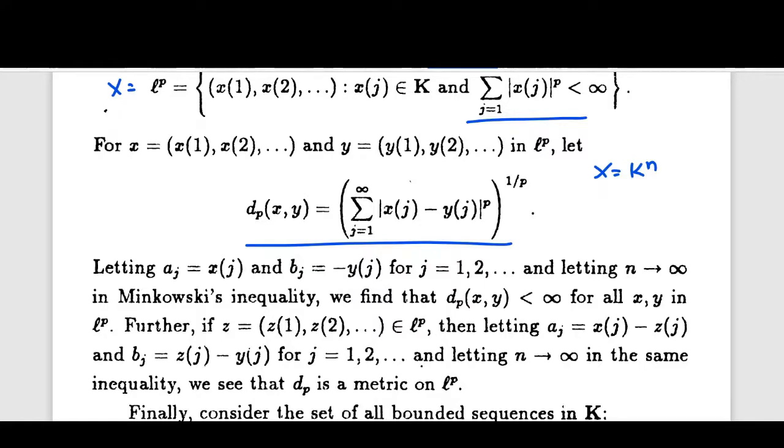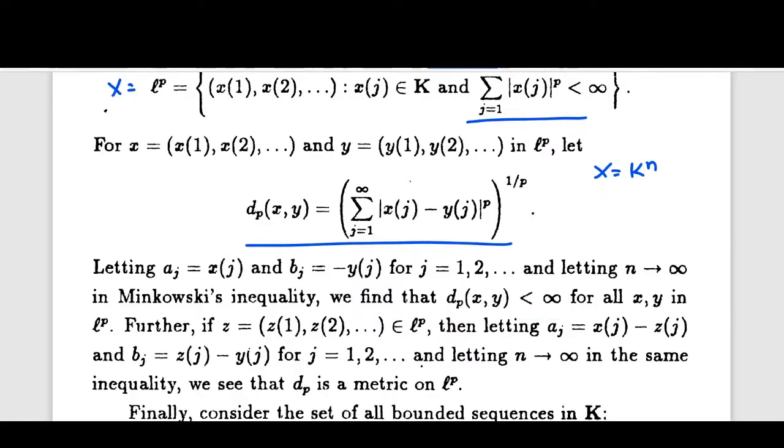Now we want to show that this d_p(x, y) is also a metric on l^p. In order to prove this, we will verify that d_p(x, y) satisfies all the axioms of a metric. We let a_j = x_j and b_j = −y_j for j = 1, 2, 3, ..., and letting n tend to infinity. Then by the Minkowski inequality, we can write d_p(x, y) < infinity for all x, y in l^p.